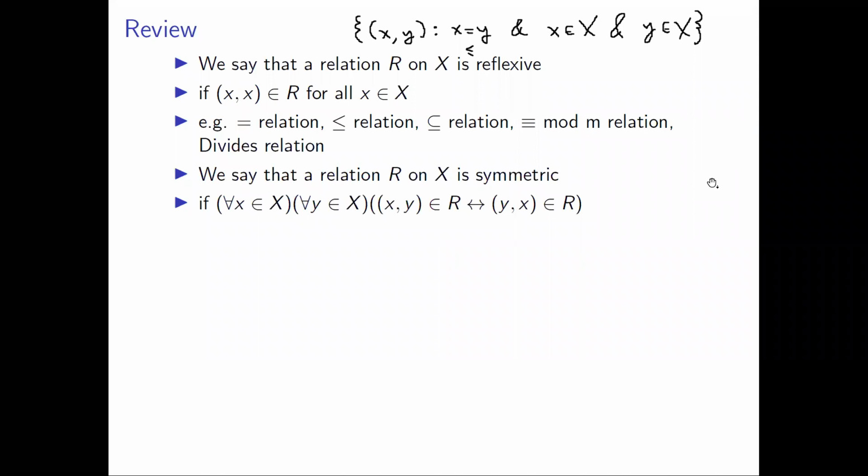Some examples of relations that we saw in the last video which are symmetric are the equality relation, the one at the top here, and the equivalence mod m relation. And both of these were also reflexive.